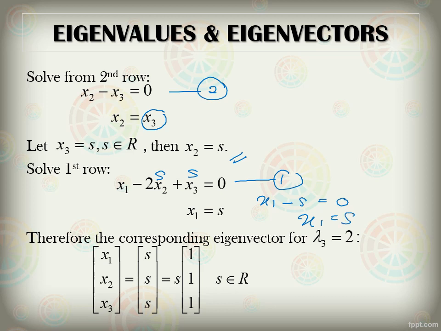When we replace all the x1, x2, x3 in the matrix form, this is what we got: s, s, s. When we factor s out, we have 1, 1, 1. So we're done. That's it for eigenvalues and eigenvectors.